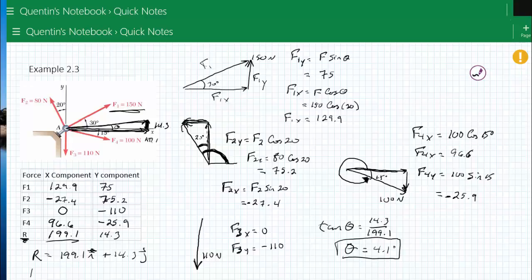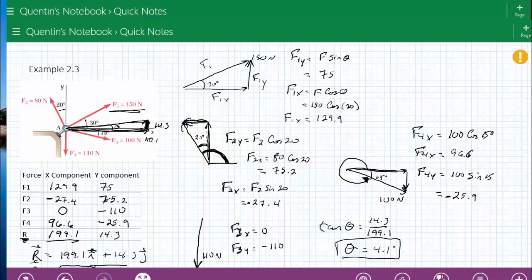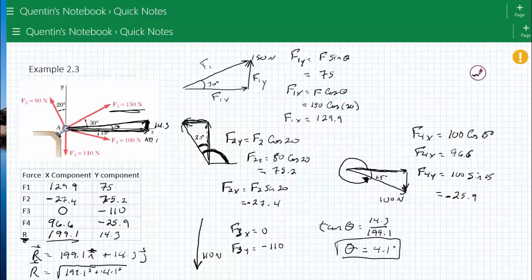Or you can say R is equal to the square root of 199.1 squared plus 14.3 squared, all that at an angle of 4.1 degrees.